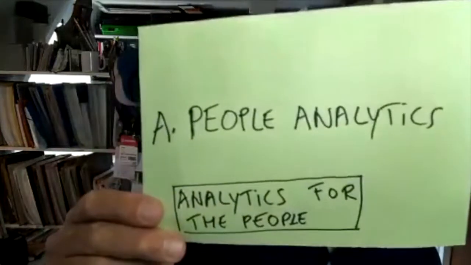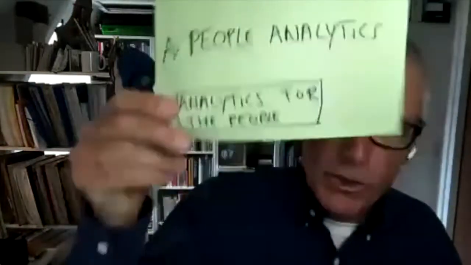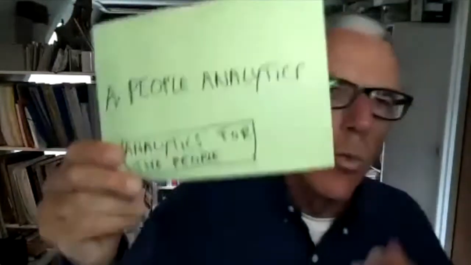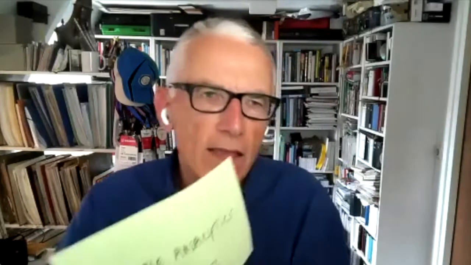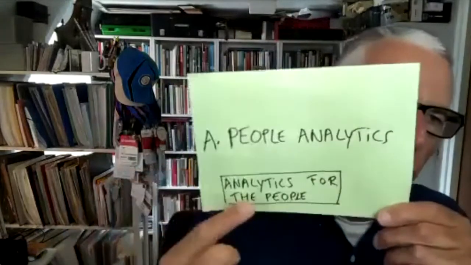Number 1 on the list of enablers is people analytics. Evidence-based, using data to make sure that you know what you're doing and that what you're doing is effective. That is one of the basics of HR today. And I say here people analytics, but also analytics for the people.